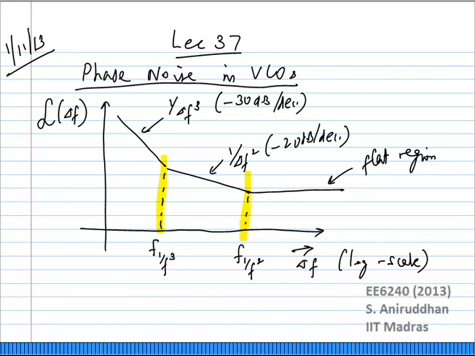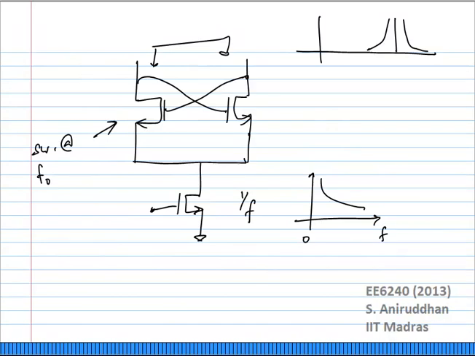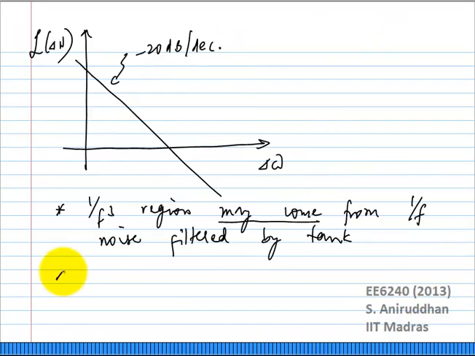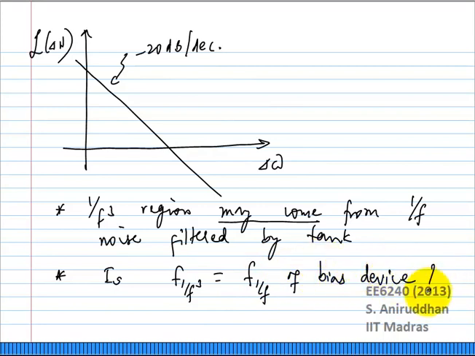Okay, even if there is thermal noise, yes, correct. Then it will be different. So let us also put that down. Okay, we need to know: is the 1 over f cubed corner equal to the 1 over f corner of the bias device?